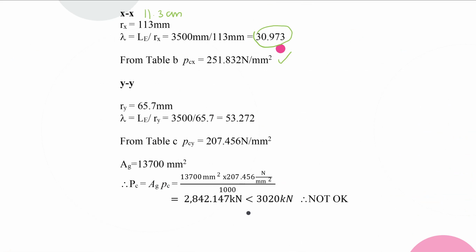So this is the value I dapat lah. Okay. PC X. So X meaning that dia arah X axis. And then we leave it like that. And the next thing we need to do is we need to check for Y axis pula. Okay. So RY is 65.7.